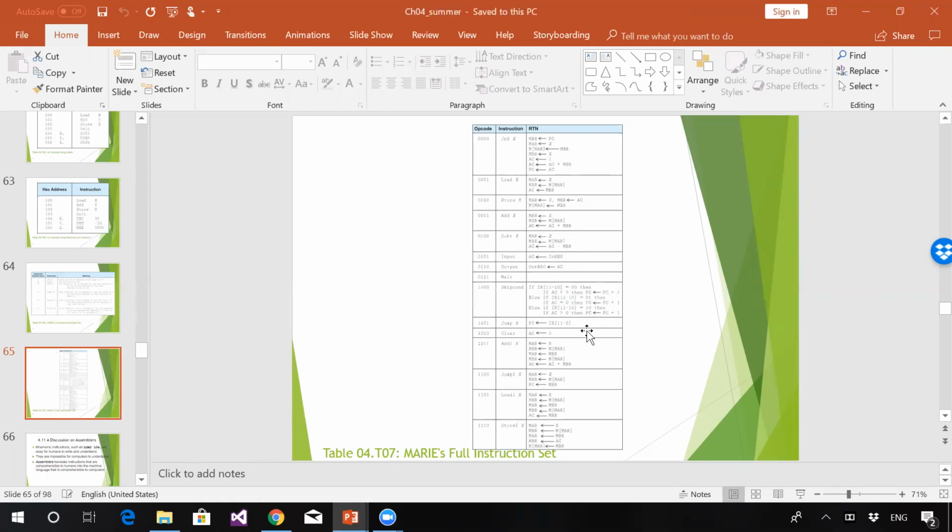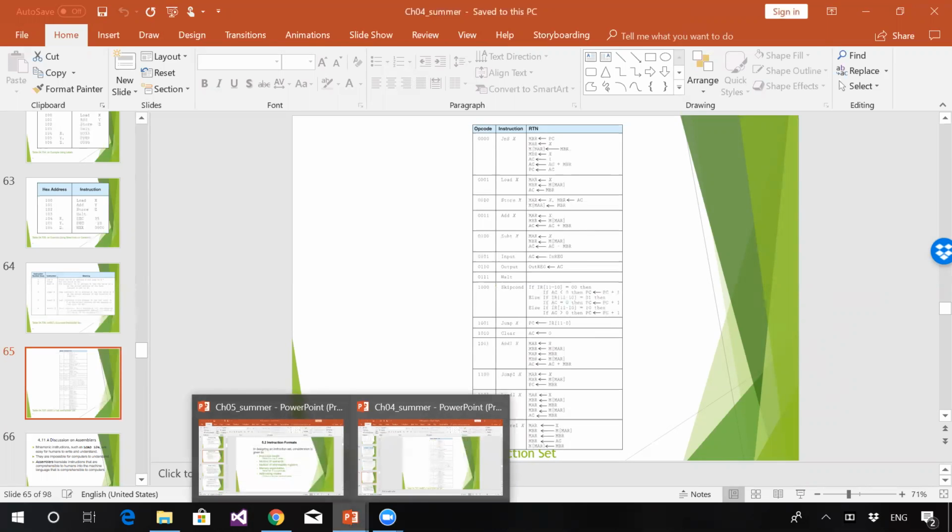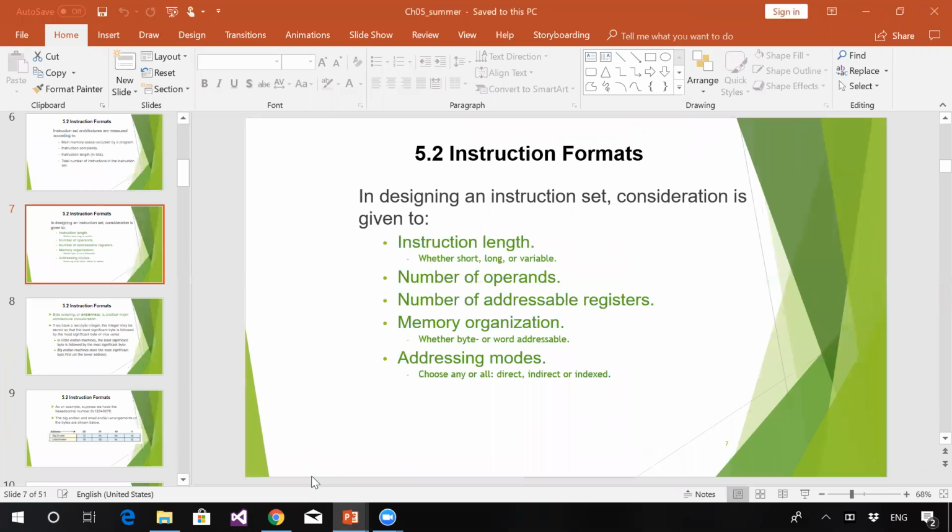Okay, so we have seen the very little instruction set architecture. It is pretty simple, easy to manage. But we want to talk about the real world. Actually, we can have different designs of instruction set architecture. In other words, this was the job done by the CPU designers.